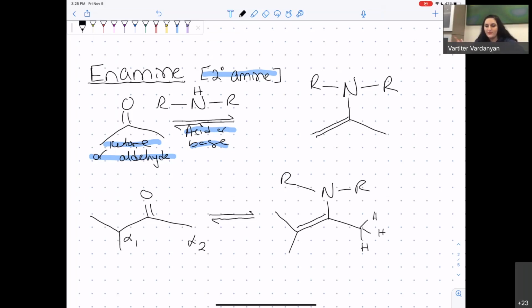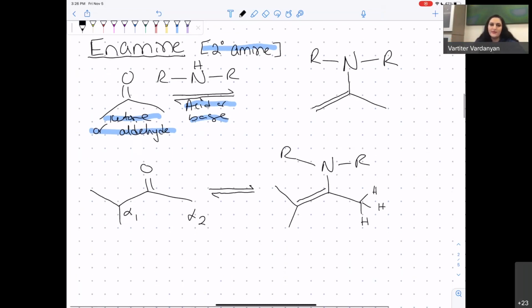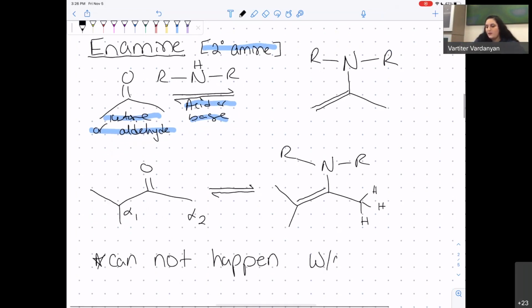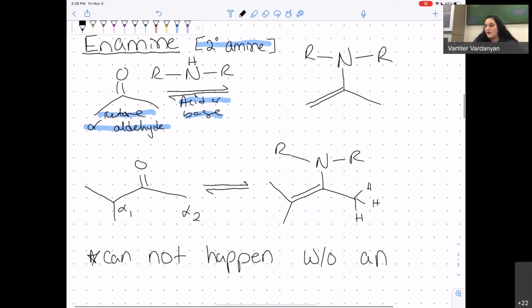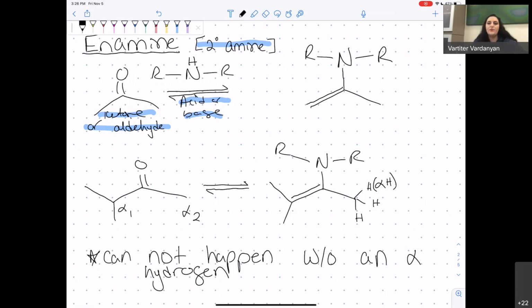Ta-da. The other thing to know is enamine reactions cannot happen without an alpha hydrogen. If there's not one present, you cannot do this reaction.